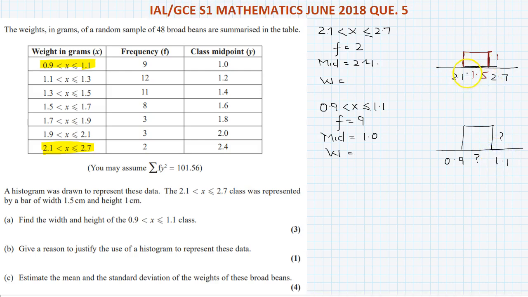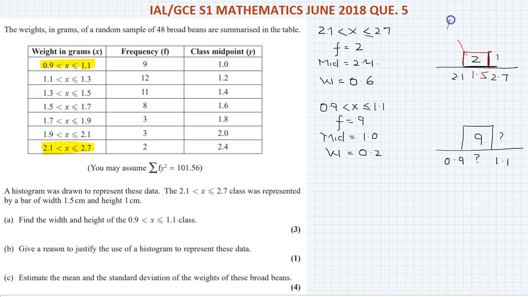So this length is 2.7 minus 2.1, so this width is 0.6, and this width is 1.1 minus 0.9, so this is 0.2. Now what it's saying is, this is representing frequency 2, and this one is representing the frequency 9.